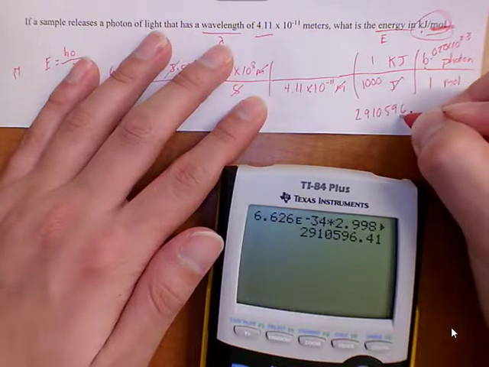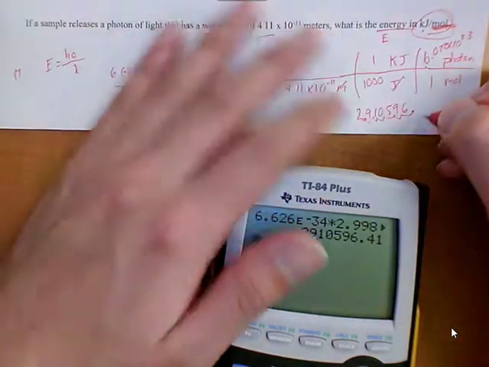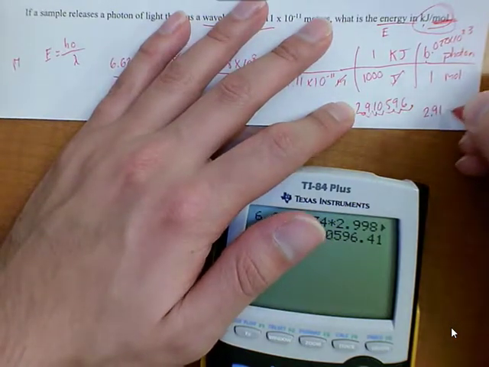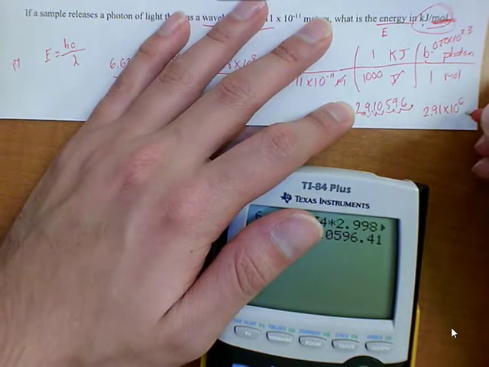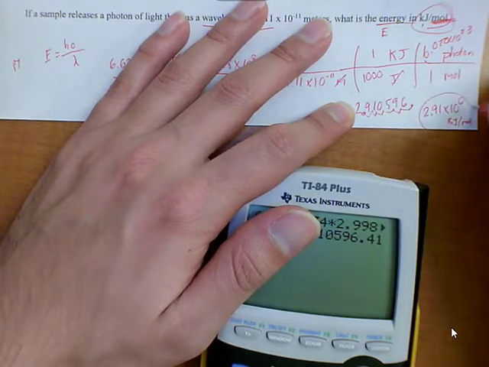So here's my decimal: 1, 2, 3, 4, 5, 6. So 2.91 times 10 to the 6 kilojoules per mole. And there's the answer.